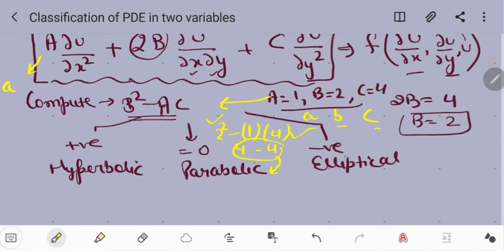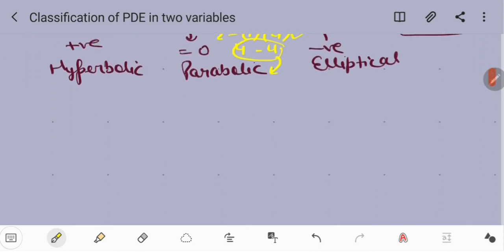Then how can you evaluate? So in that case, let me give you the scenario. First of all, let's say you have an equation of this form, right? May I ask you whether it is a homogeneous partial differential equation or non-homogeneous?